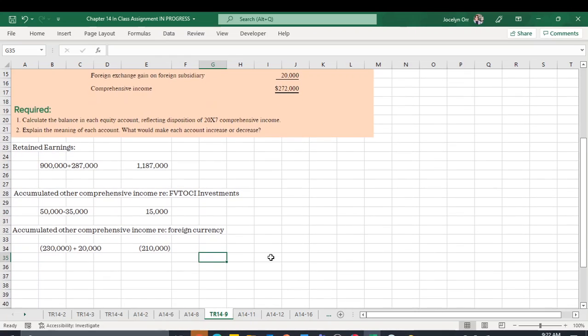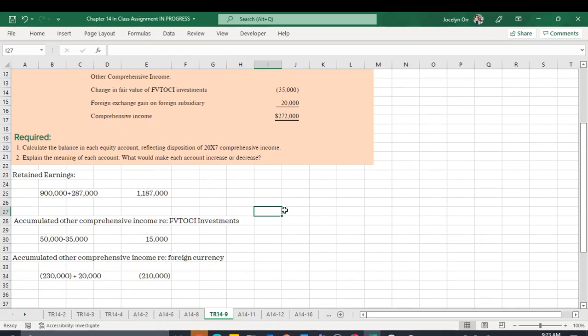So the second thing is to explain the meaning of each account and what would make each account increase or decrease. So I'm going to read sort of the textbook solution part of this. You don't need to try and write everything down. It's for informational purposes. So retained earnings represents our accumulated earnings less our accumulated dividends. It's also adjusted for capital transactions such as losses on share transactions, share issuance costs, retrospective changes in accounting policy, and so on.